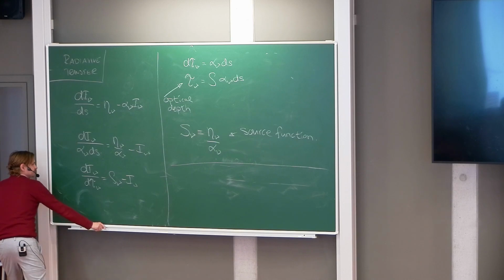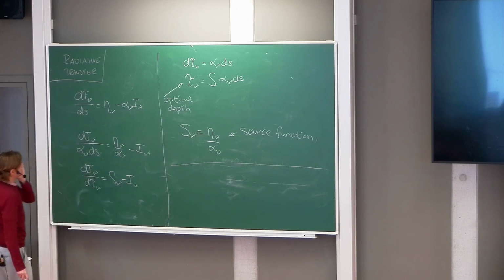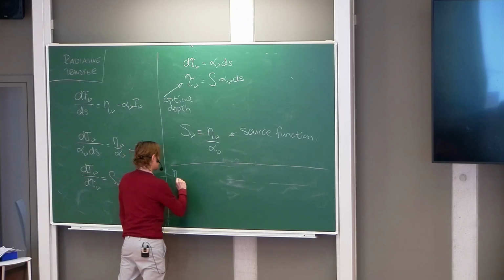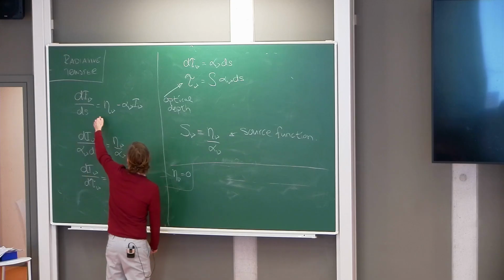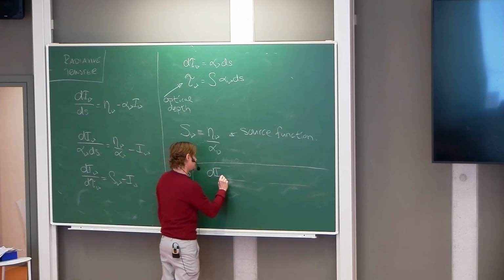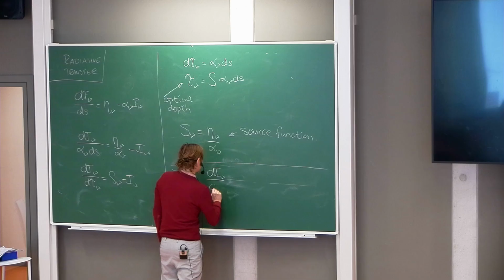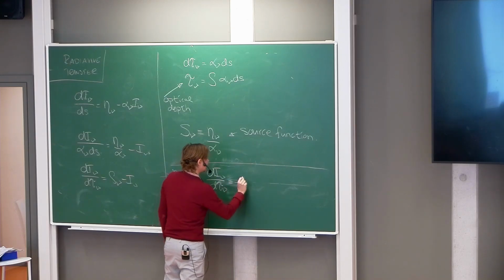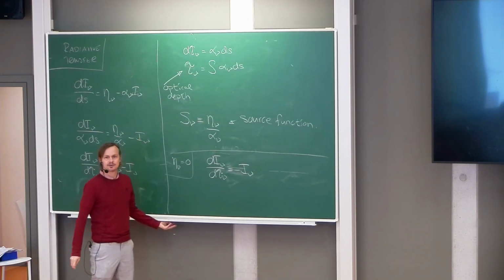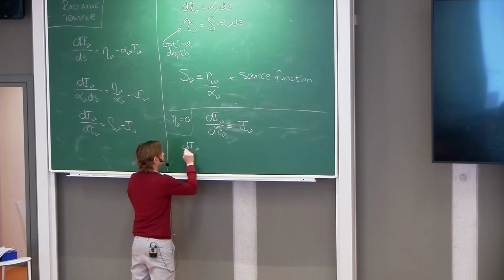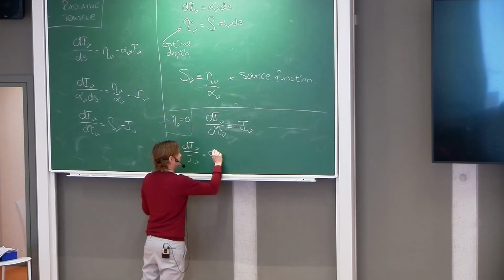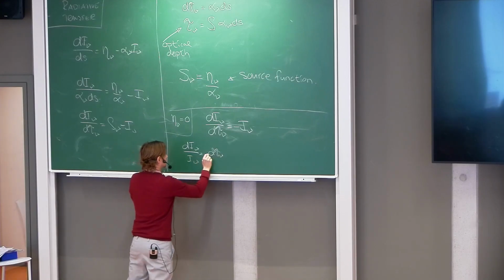All right. Let's now start with the example where there is no energy, no intensity added to the beam. So we're going to set eta nu to 0, and then we're just going to solve this one. The dI nu over d tau nu, but I'm going to reformulate it in tau nu directly, equals minus I nu. Okay? Well, that's neat. That's a differential equation that even I know how to solve. Like so.